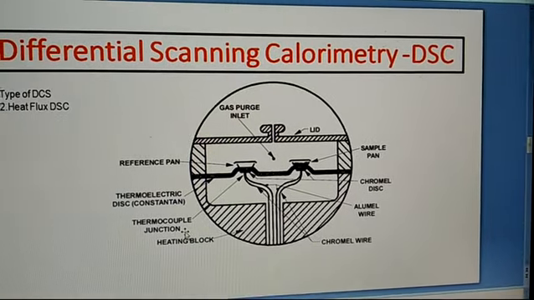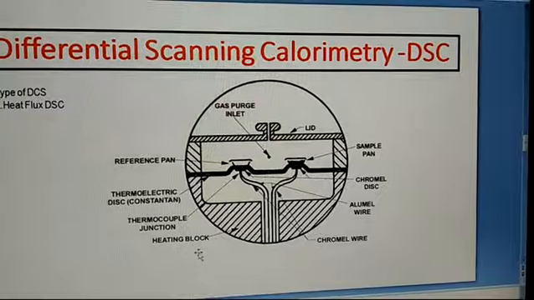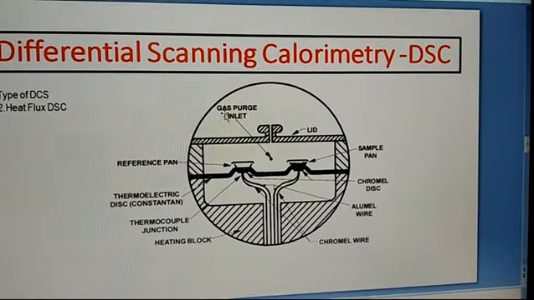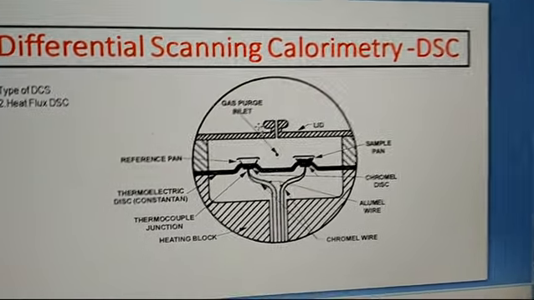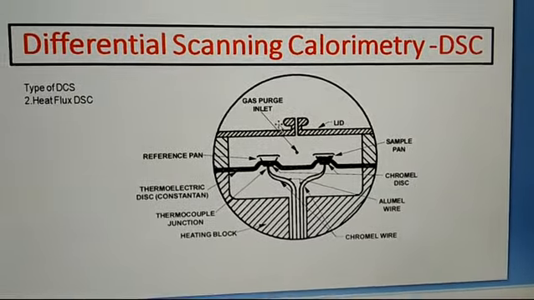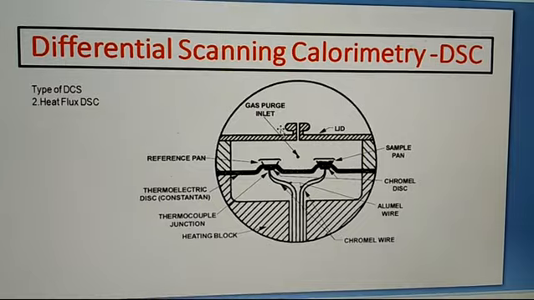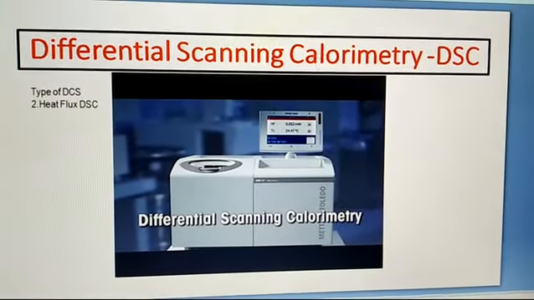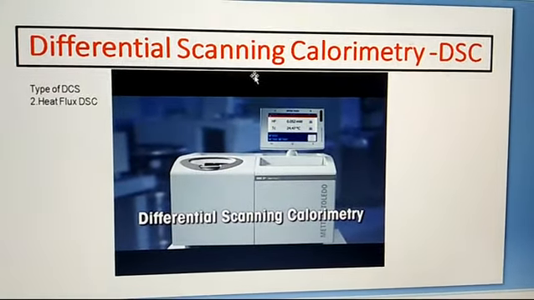Next is the thermocouple junction and heating blocks. And here is the gas purge inlet. The gases used in DSC are nitrogen and oxygen. So these are the DSC instruments.